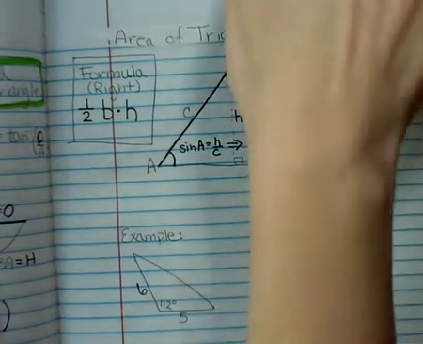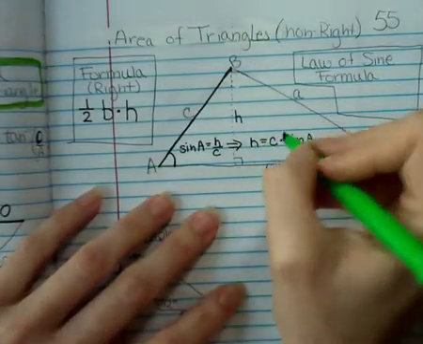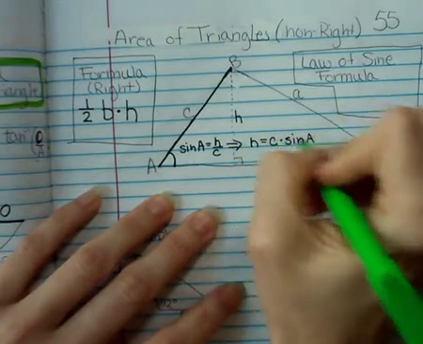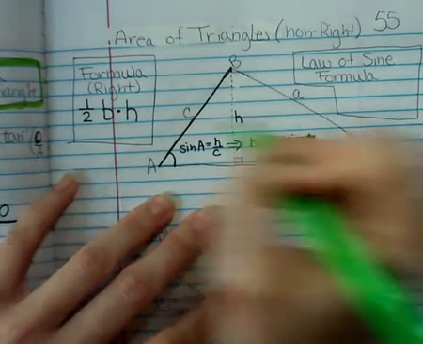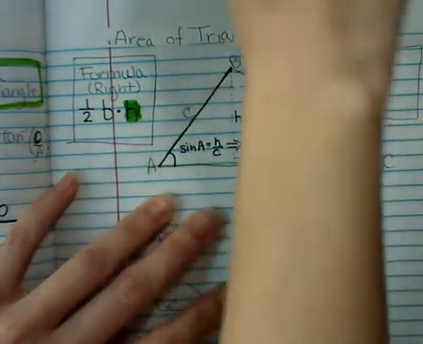So this information, h equals c times sine of A, is the same as this h in our formula for area.